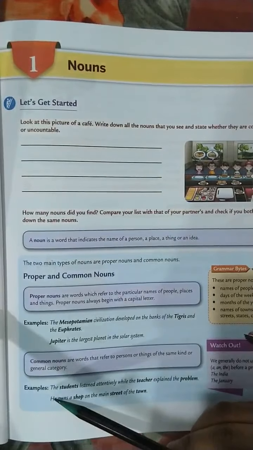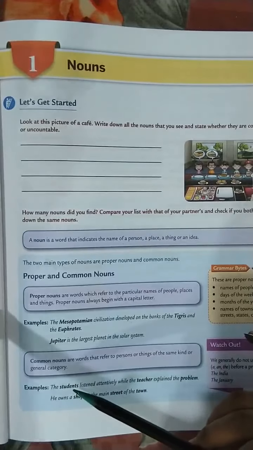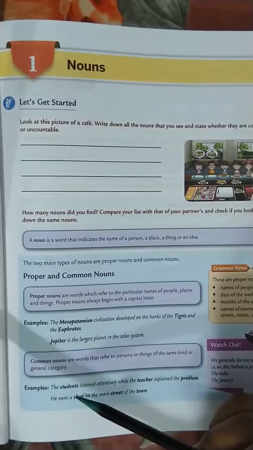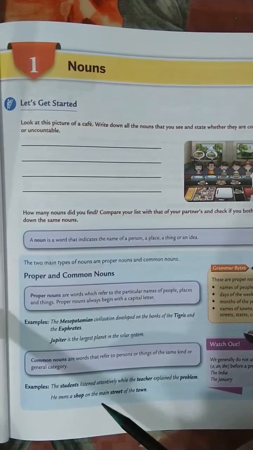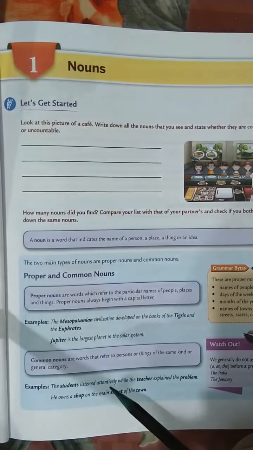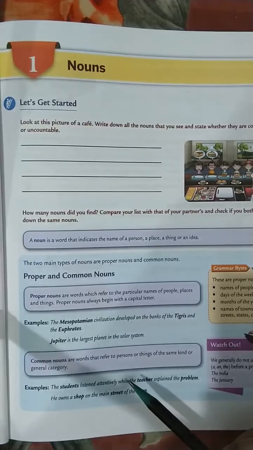Here you can see the example. The word students here is general. For example, when the teacher enters the class, she says, students, pay attention. So students means all of them, not any particular one. Any particular one means she may call out the name Neha or Raj.